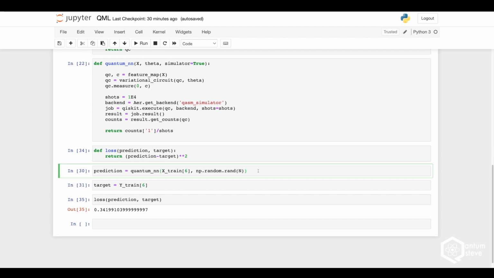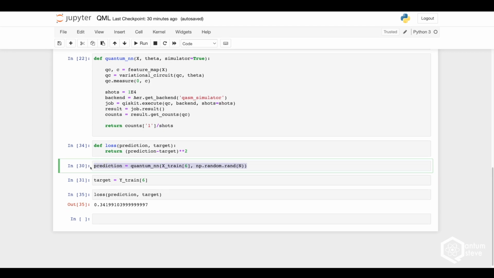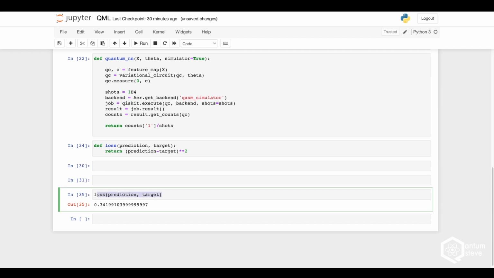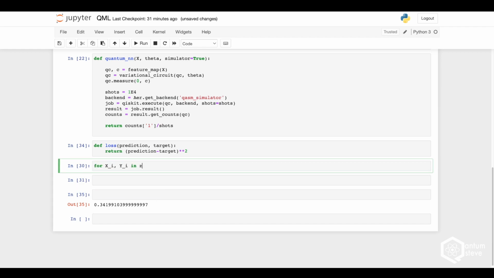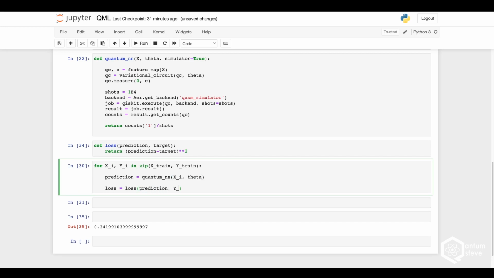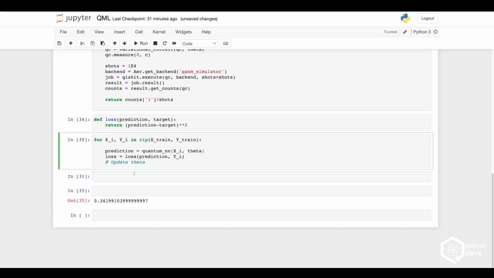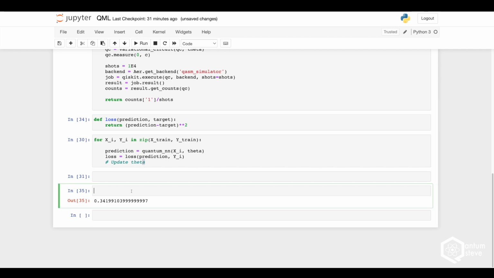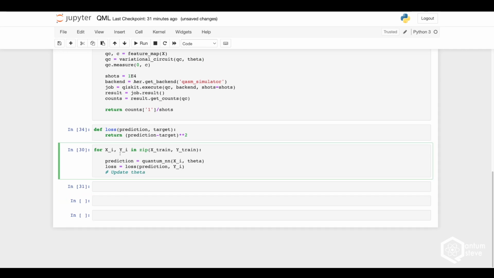Okay, so let's just do this now. Let's just write down this general idea. Okay, so this is the general idea here. So we're gonna loop through our training data.